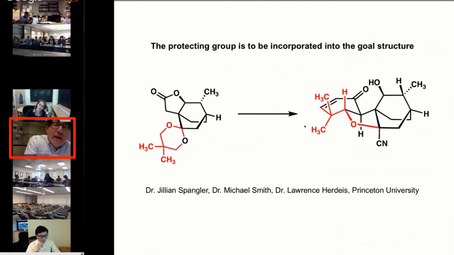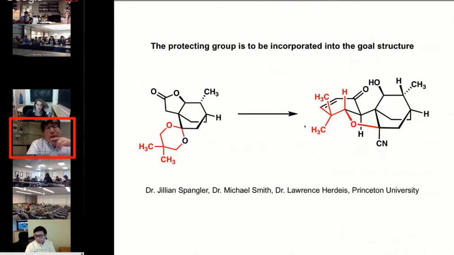And in fact, my students, Jillian Spangler, Michael Smith, and our former postdoc, Dr. Lawrence Hedeke, in my lab at Princeton, built that structure very nicely from limonene oxide, and it has a protecting group in it. You'll see quite clearly the ketal that I've highlighted in red.